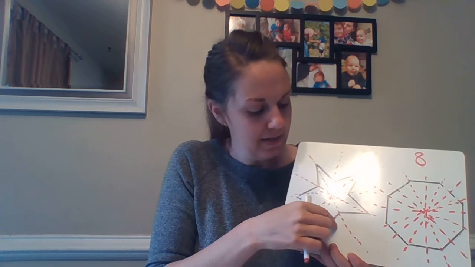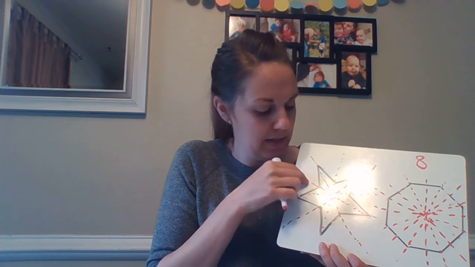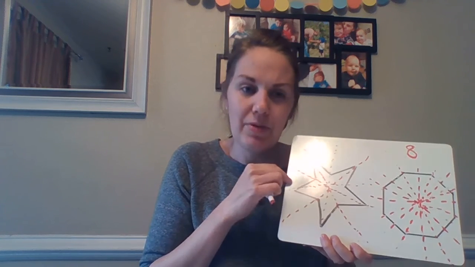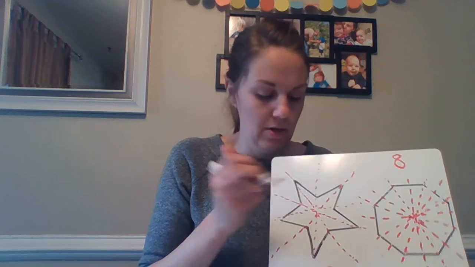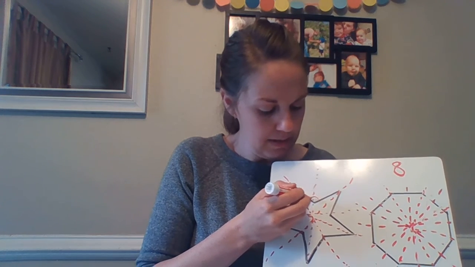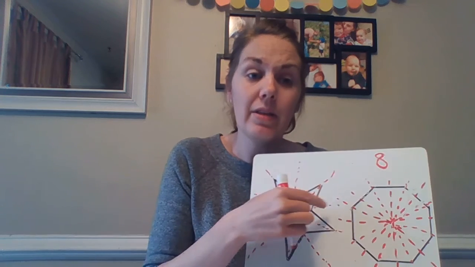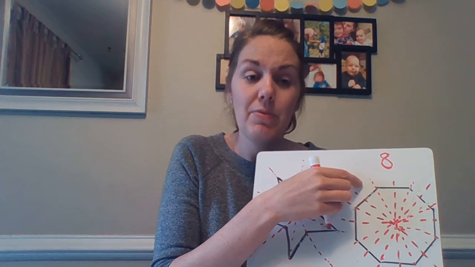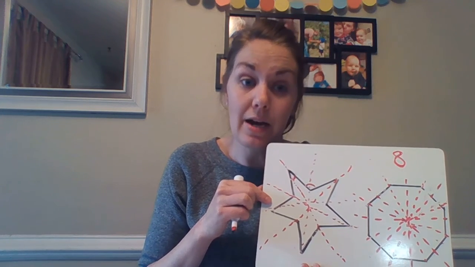But I can't then split the sides in half. If I split this side in half here, that wouldn't work. And if I split this side in half here, it wouldn't work. They wouldn't line up. Why is that? Well, this angle and this angle are not the same, right? So they're not lining up as perfectly as we would with our octagon over here, even though the star also has 8 sides.